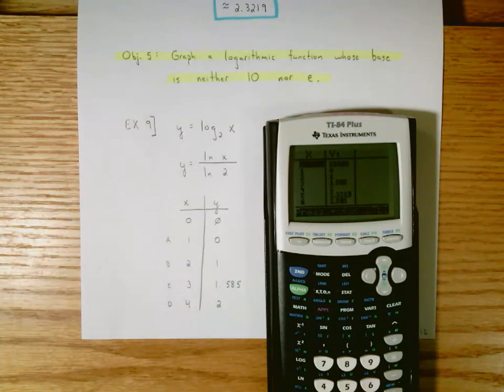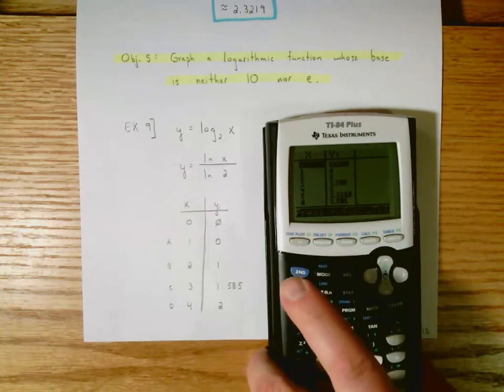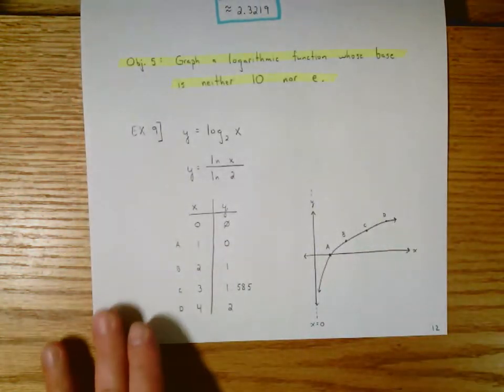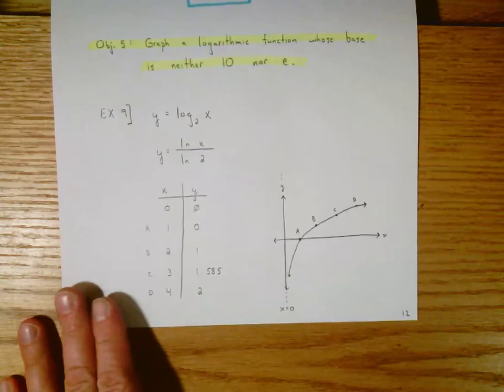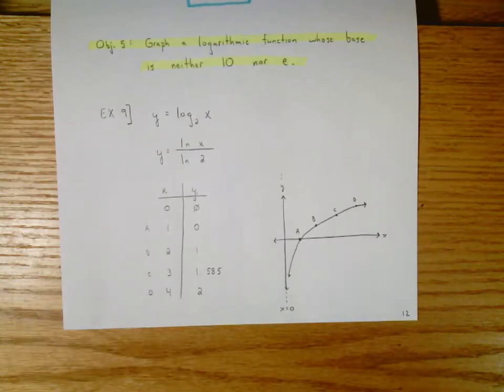And then I have values. If x is 1, 2, 3, 4, I can take as many as I need from my calculator and put those into my table. And then I'm just going to plot those on a coordinate plane. Remember that logarithmic functions have a vertical asymptote, so we've clearly labeled that. If you need to, go ahead and pause the video here to make sure you have this graphing example.